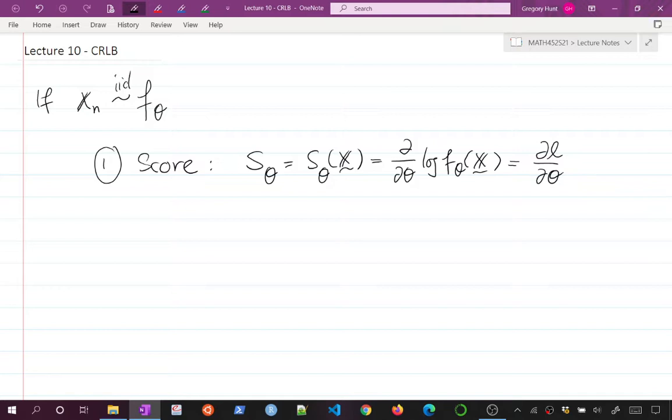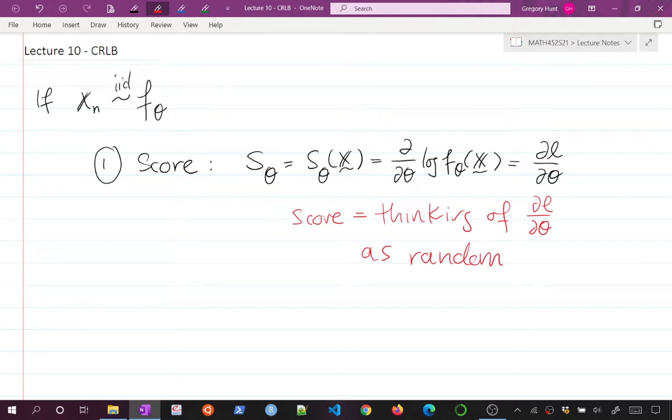The score is basically thinking of DLD theta as random.